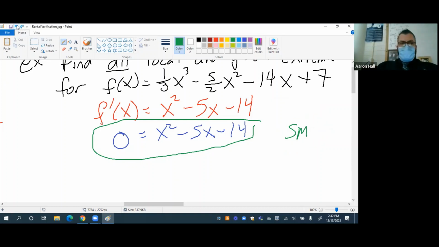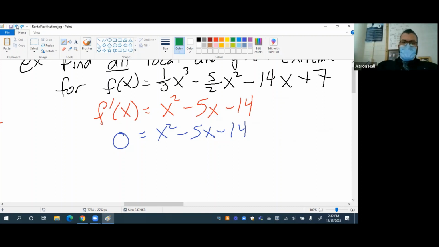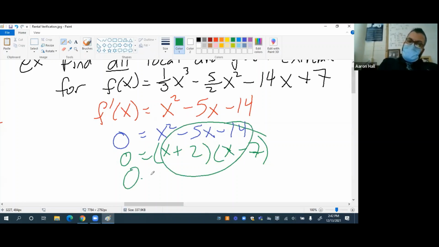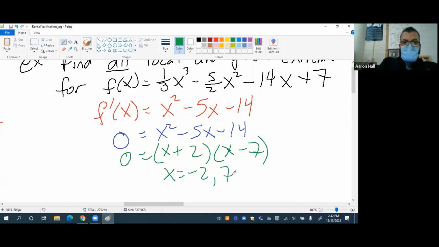Is this factorable? Yes: x plus 2 and x minus 7. So what are my x's so that I get 0? Yep. So x equals -2 and x equals 7.